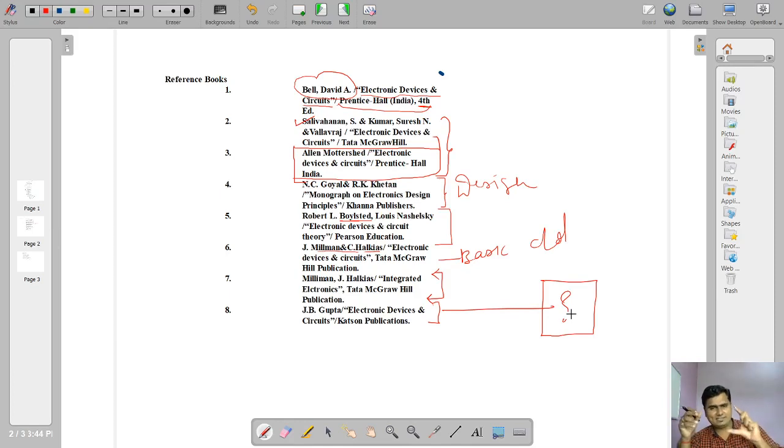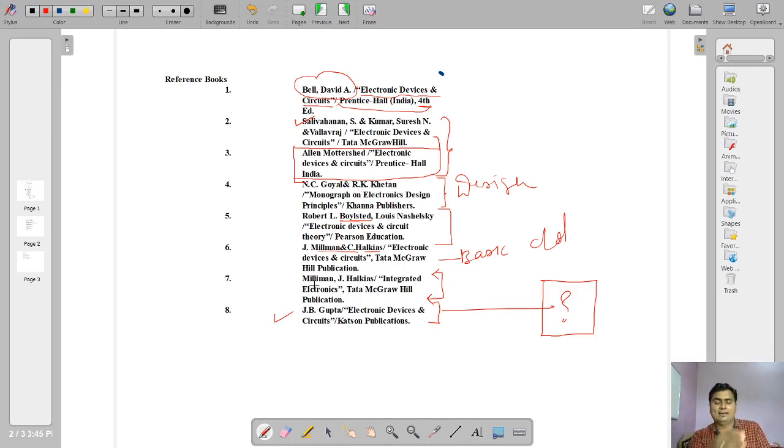The book has a large size. Katson Publication, Delhi, has published this book, Electronic Devices and Circuits, and they have included almost everything related to electronics. So this book is important for ACD1 as well as ACD2. It is listed last in our list because it is not dedicated to ACD1, but it is useful in all the subjects.